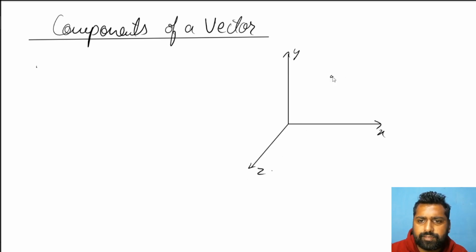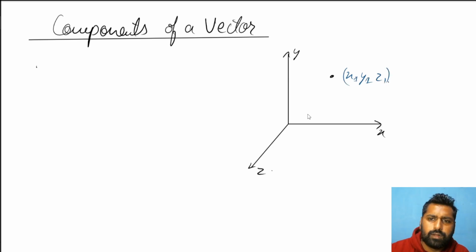You have a point here whose coordinates are, let's say, x1, y1, z1. The position of this with respect to the origin will look like this. This is the origin O, this is our point P.